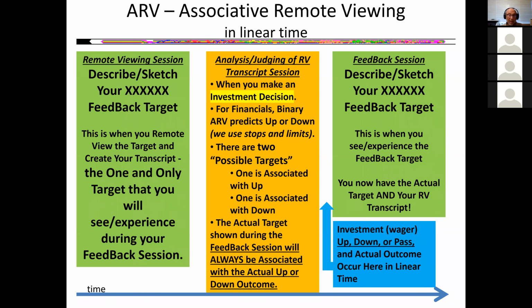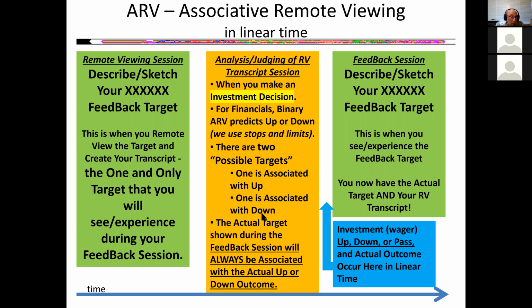So, that's it. The association is with the up possible target, and there's another association with the down possible target. The judge looks at the transcript and says, oh my gosh, there really is a good match to one or the other.